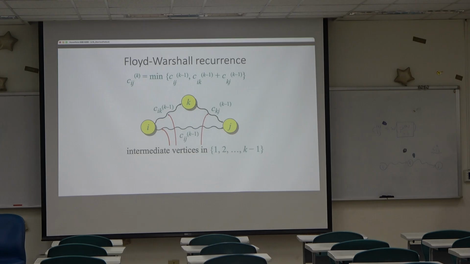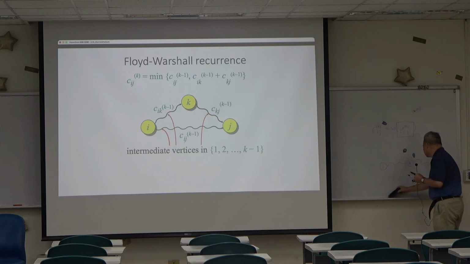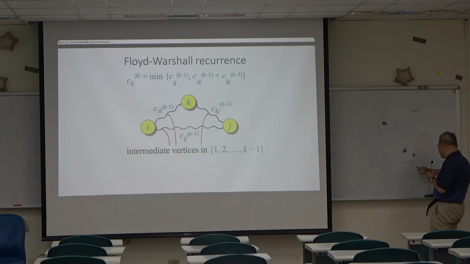think about this. Should k appear more than one time? It shouldn't. Why? Because if k appears more than one time, say from i to k and then from k to k again and then from k to j.